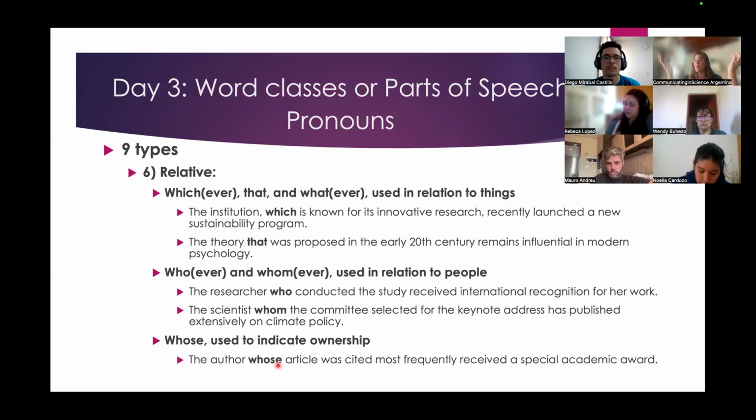I need a noun after whose. I always need a noun after this type of pronoun. That's why it's used to indicate ownership, and it's not the same as possession in this particular case.